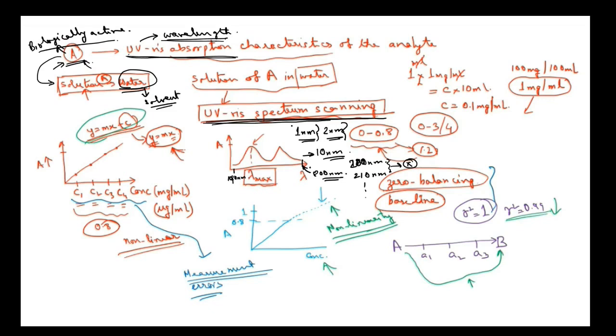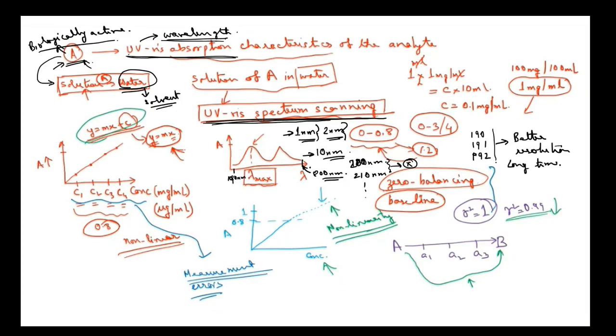However, if you go for a step size of 1 nanometer, what would happen? After 190, it will do the measurement for 191, then it will do the measurement for 192 and so on. So you will be getting a better resolution, but it will be taking a long time.